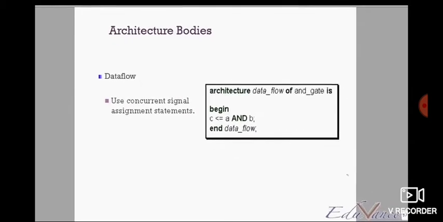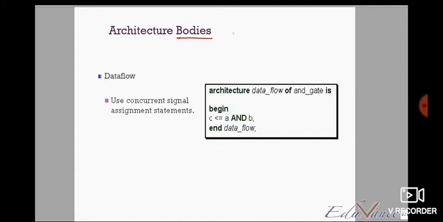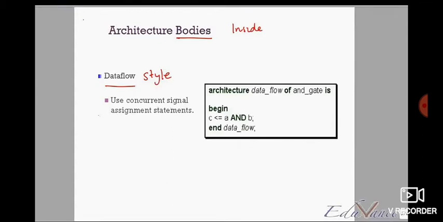So the different types of specifying the architecture body, or what goes inside the architecture. First is data flow. In the data flow style of modeling, you would use concurrent signal assignment statements.